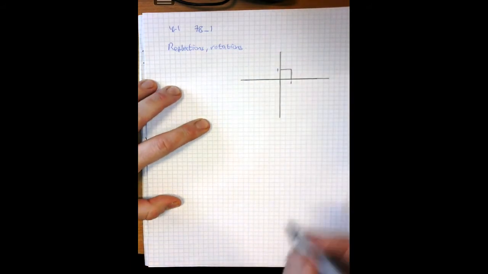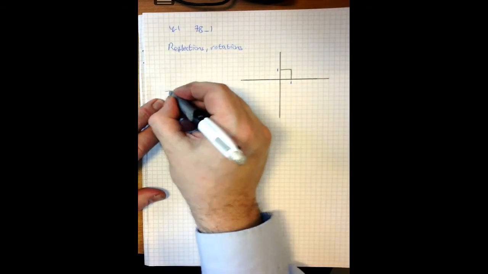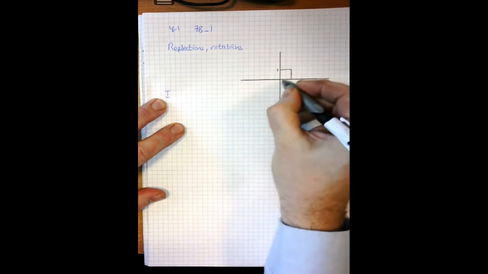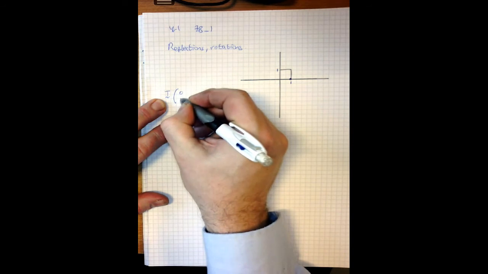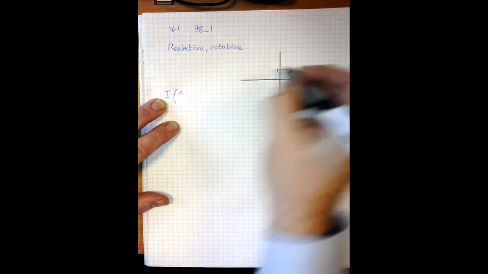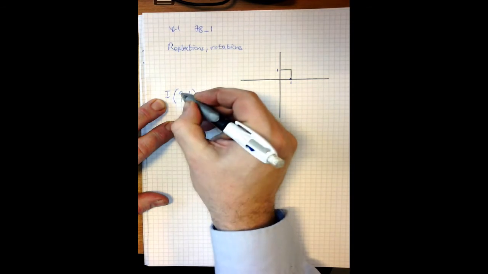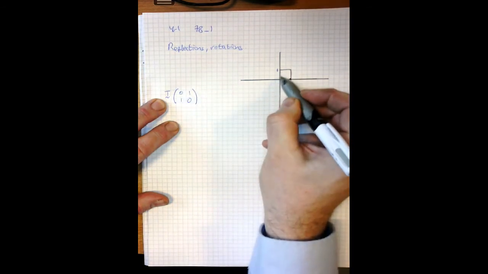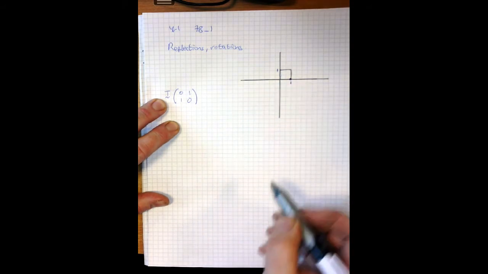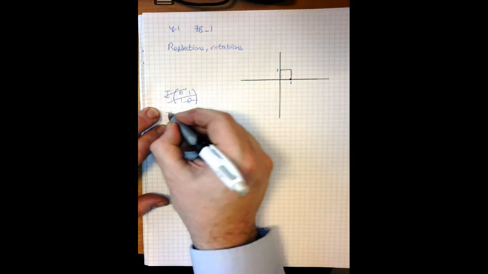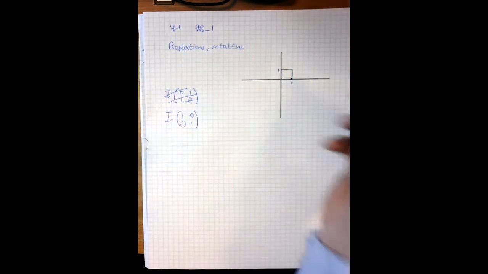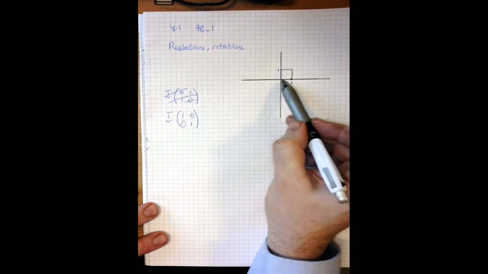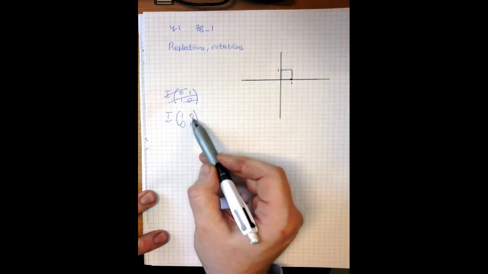And the reason that we use the unit square is because if I apply a transformation matrix, let's call it T, I'm going to apply it to 1, 0 and 0, 1, that side and that side. Well, that's the identity matrix.